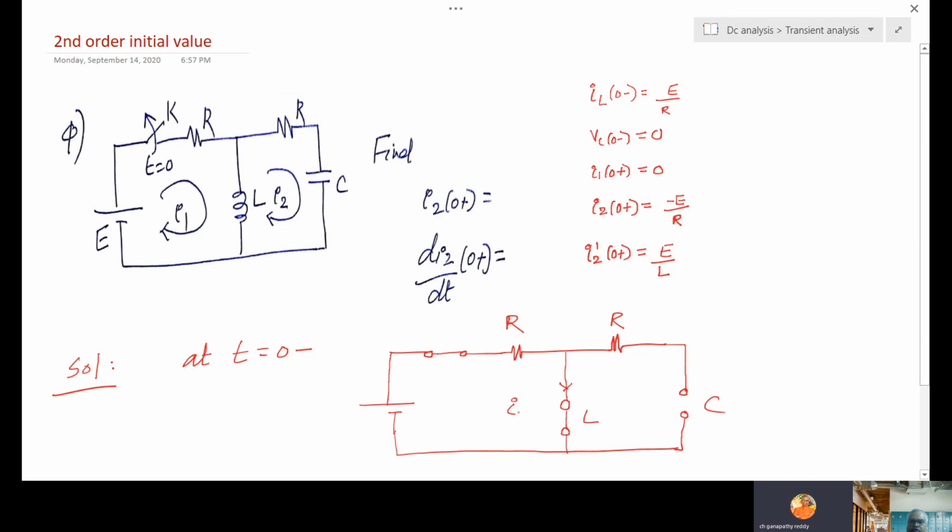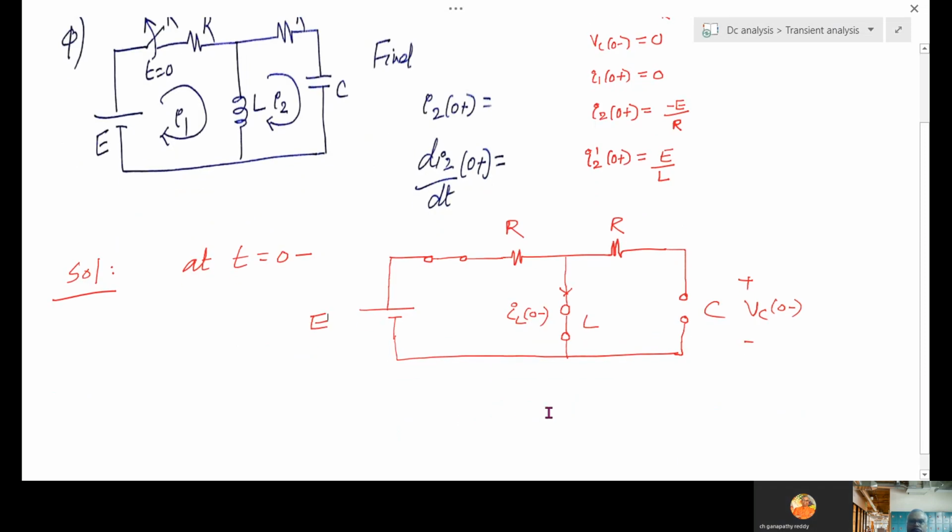This current is iL(0-), this voltage is vC(0-), applied E. Looking at this circuit, what is iL(0-)? This side loop is open, right? So it is simply E by R. iL(0-) is E by R.